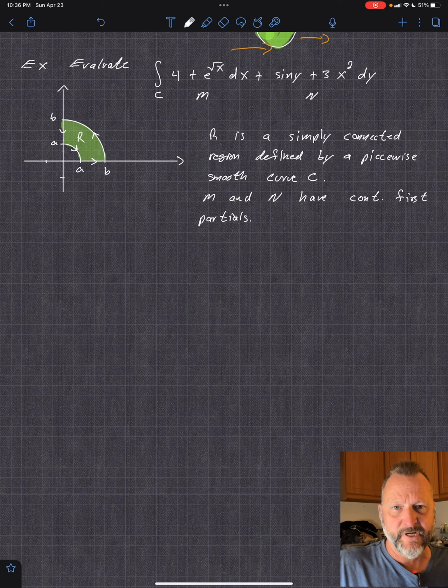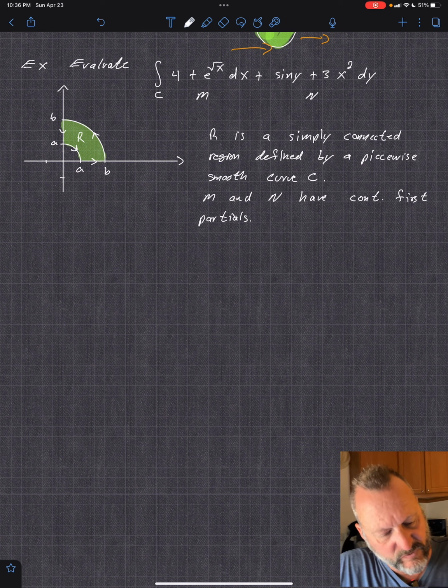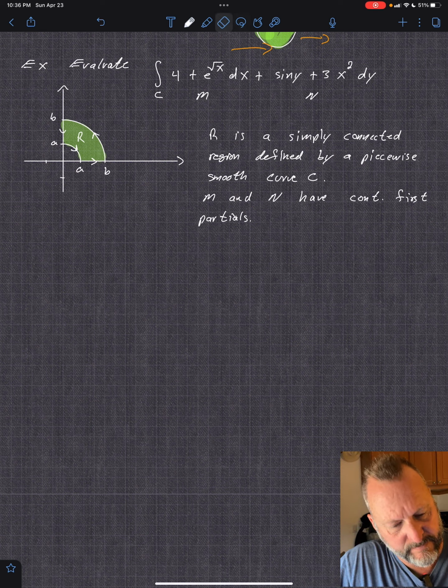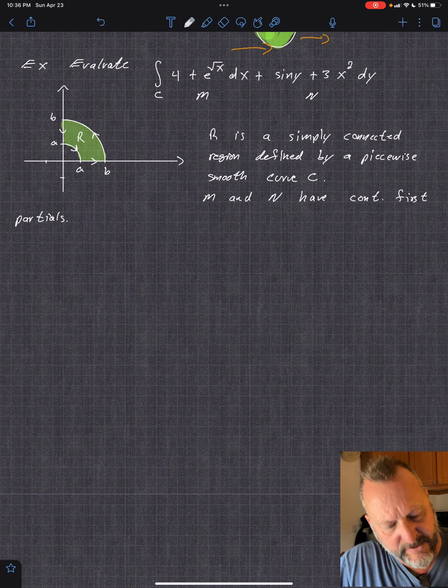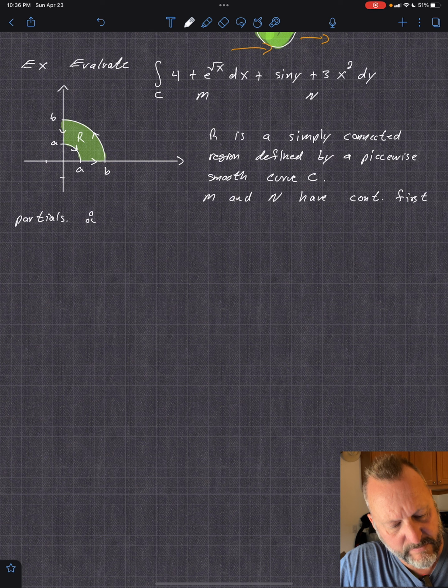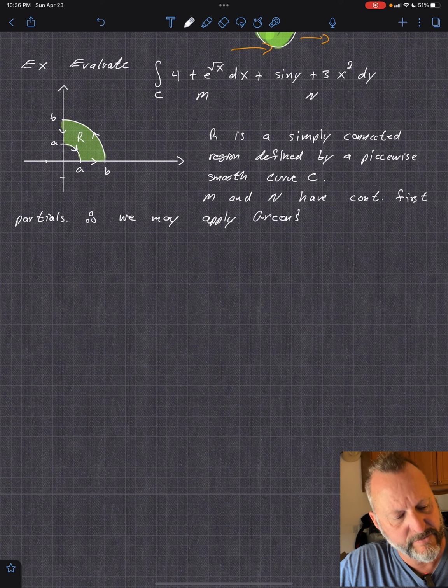Therefore, we may apply Green's theorem. So let me come back over here as if I'm stating this. Therefore, we may apply Green's theorem.